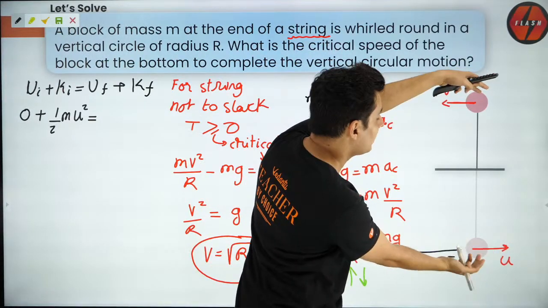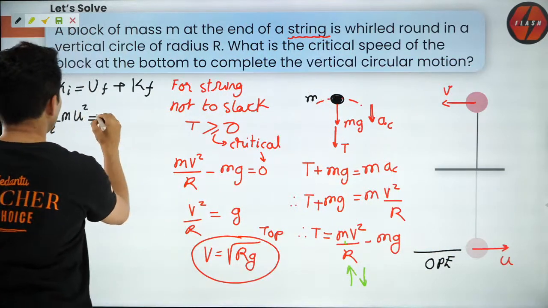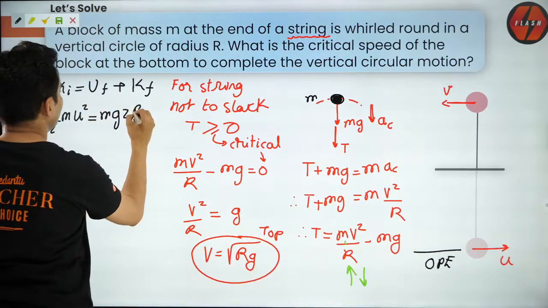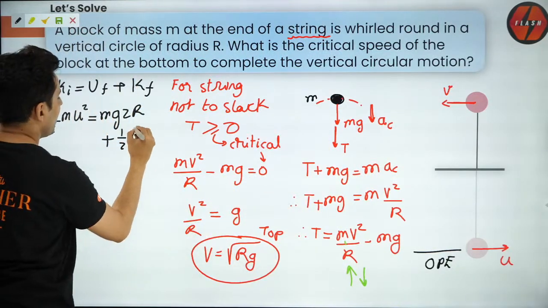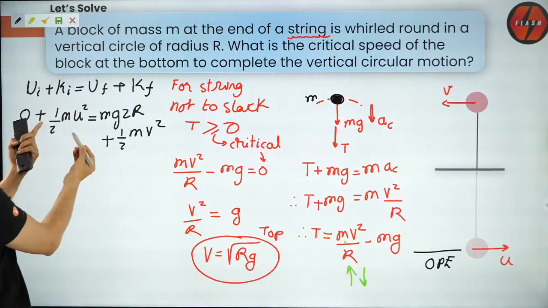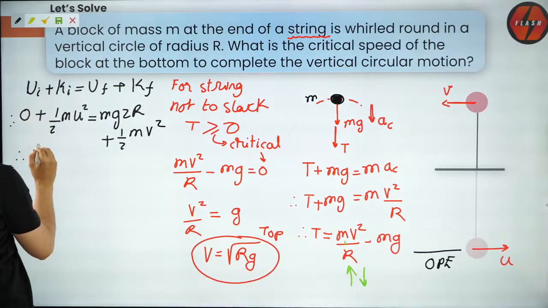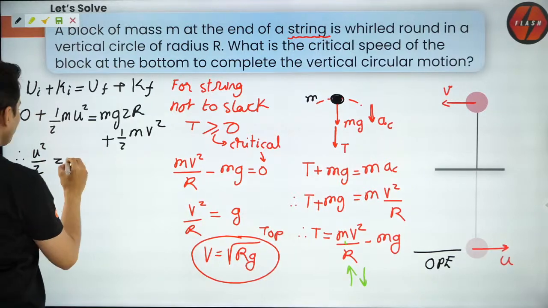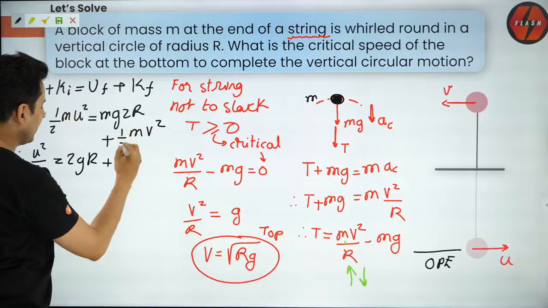Final potential energy, think about it. Path does not matter. This ball has been taken here. How high was it taken? R plus R. So total is 2R. So it will be mg 2R plus final kinetic energy at the top, half mv square. Just like every time, mass just gets cancelled out everywhere. So we'll have u square by 2 is equal to 2gr plus v square by 2.